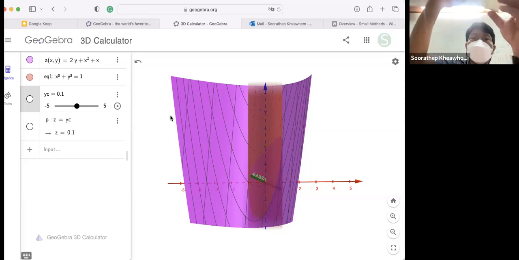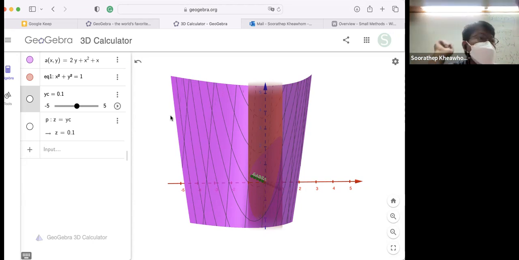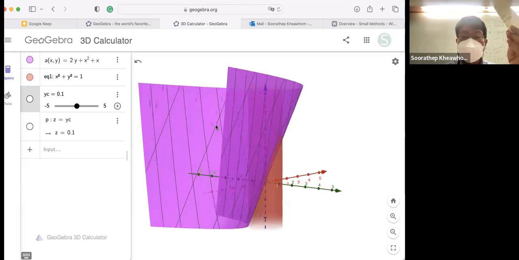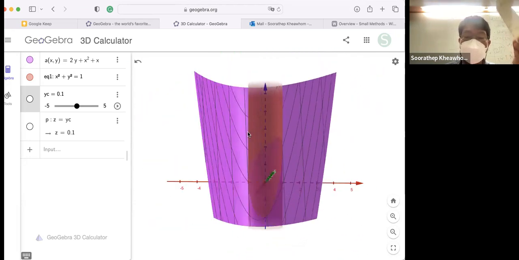Our objective function looks like this, right? It's three dimensions. But if we look from the top, you see that the constraint is a circle. From the three dimensions, it's not a circle, as we show in this graph.